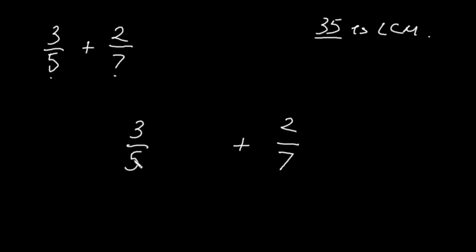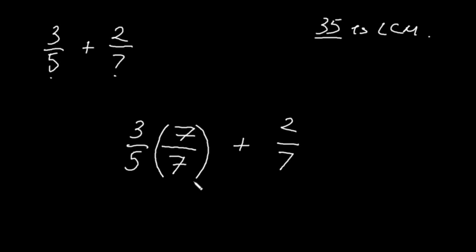This denominator needs to turn into 35, and this denominator needs to turn into 35, so they can be added. So to get 5 to 35, we multiply that by 7. And I will put another 7 on the top here on the numerator to balance the books. So we're going to multiply the denominator by 7, and we're also going to multiply the numerator by 7.